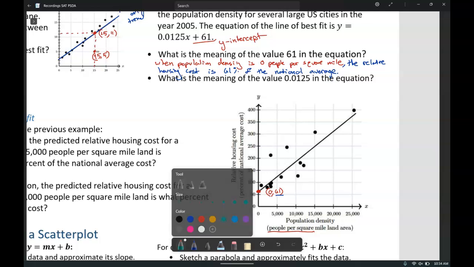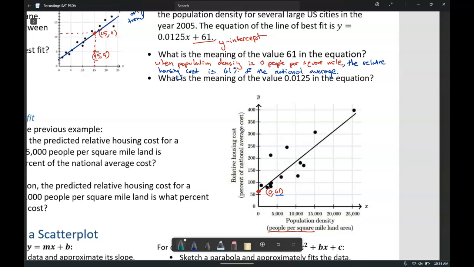What is the meaning of the 0.0125? And so we identify that this is the slope of our linear equation. Well, slope represents change in y divided by the change in x. So again, we need to do the same thing, but also look at it through the lens of change. As x changes, how does y change?